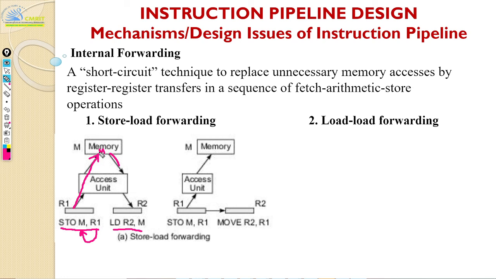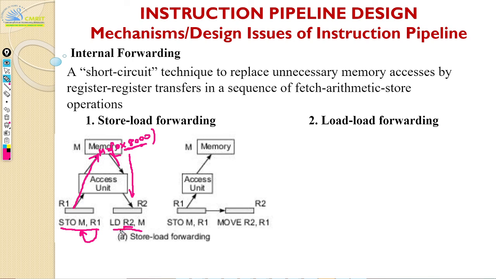Say m is a location 0x8000 something. So you're storing into this address, and then from the same address you're going to load the data into register R2.